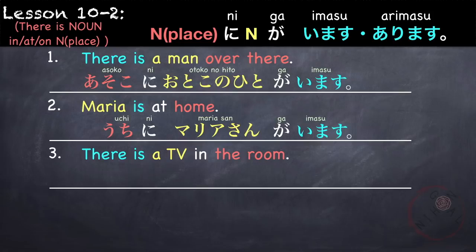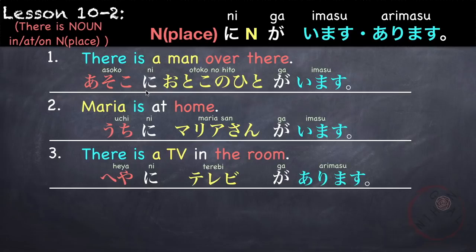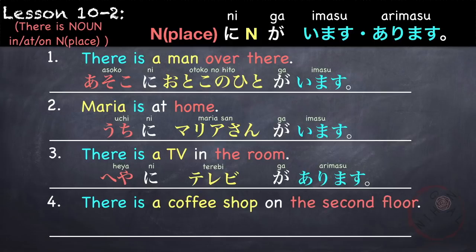For objects, such as there is a TV in the room. Our place is room, 部屋. Heya ni. TV is terebi. And then ga arimasu. Heya ni terebi ga arimasu. There is a coffee shop on the second floor.